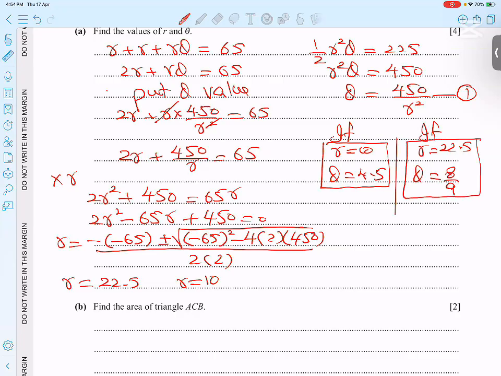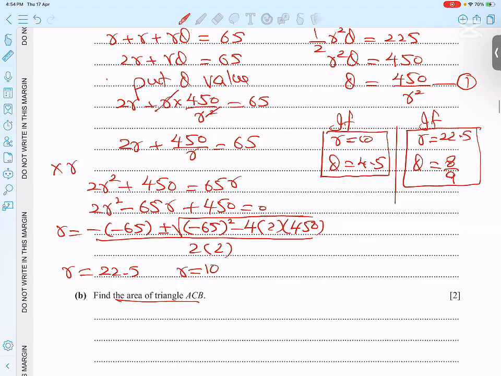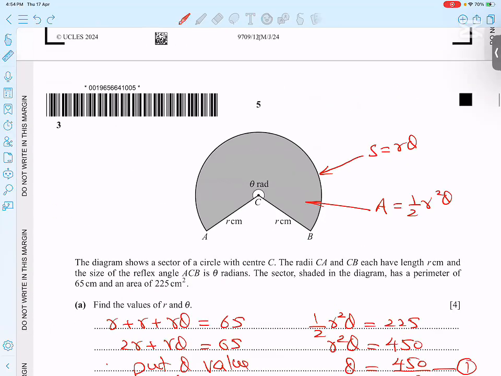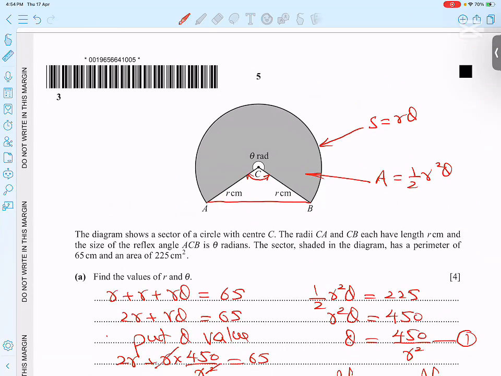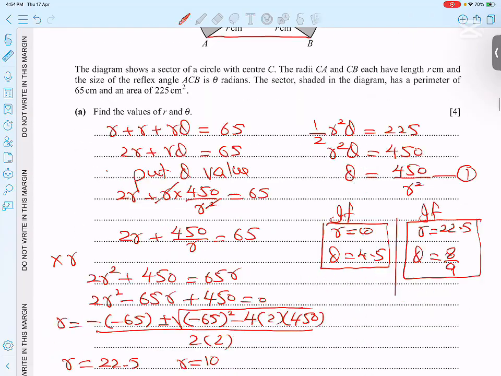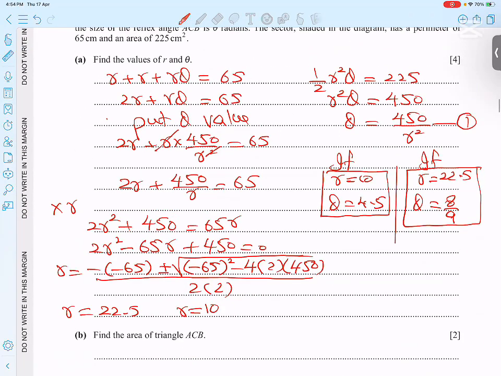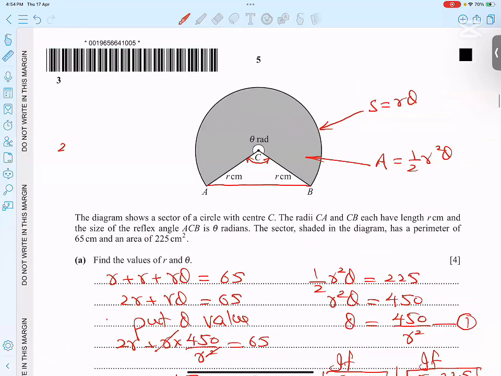So let's go for the next part, the area of the triangle ACB. Which triangle? If you look here, if it joins straight, ACB, this triangle's area he is asking for. What is this angle? Here we have to use a formula, and we have to decide which angle we can use. We have 4.5 and 8 by 9, and make sure what 2 pi is. 2 pi is equal to 6.28.